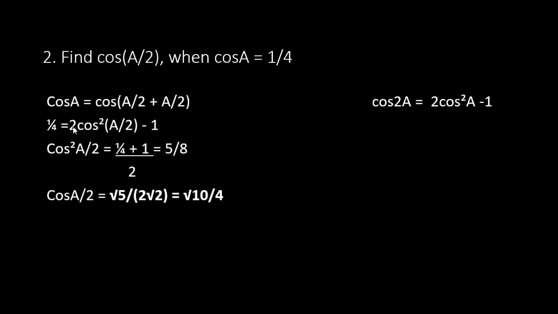And then we literally just do equations. What we do here is times by 2 plus 1. Except I messed it up. It should be the other way around, but it doesn't matter. And then we just get 5 divided by 8, and then we square root it all. So square root of 5 divided by 2 square root of 2 is equal to square root of 10 divided by 4.